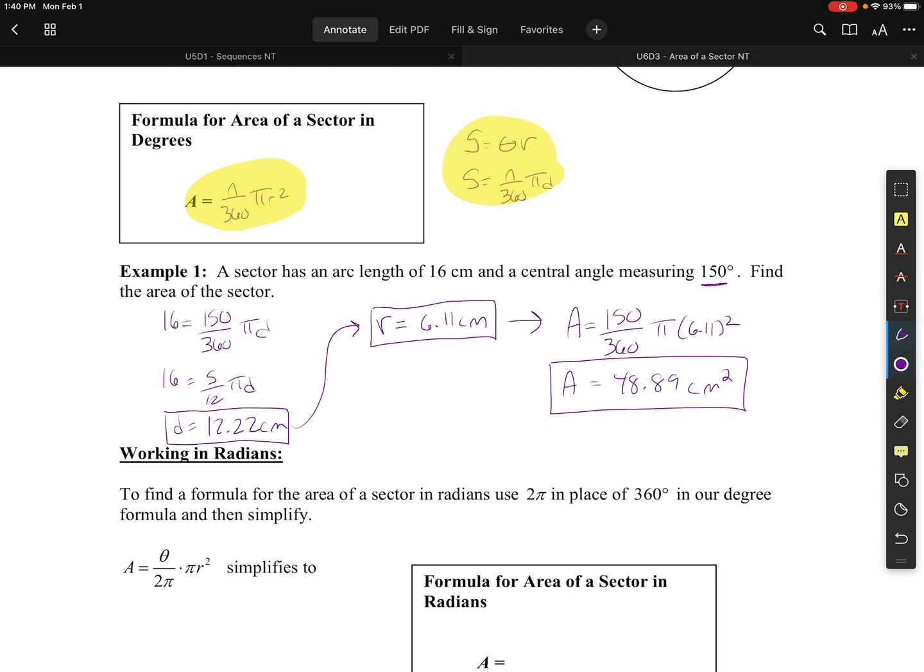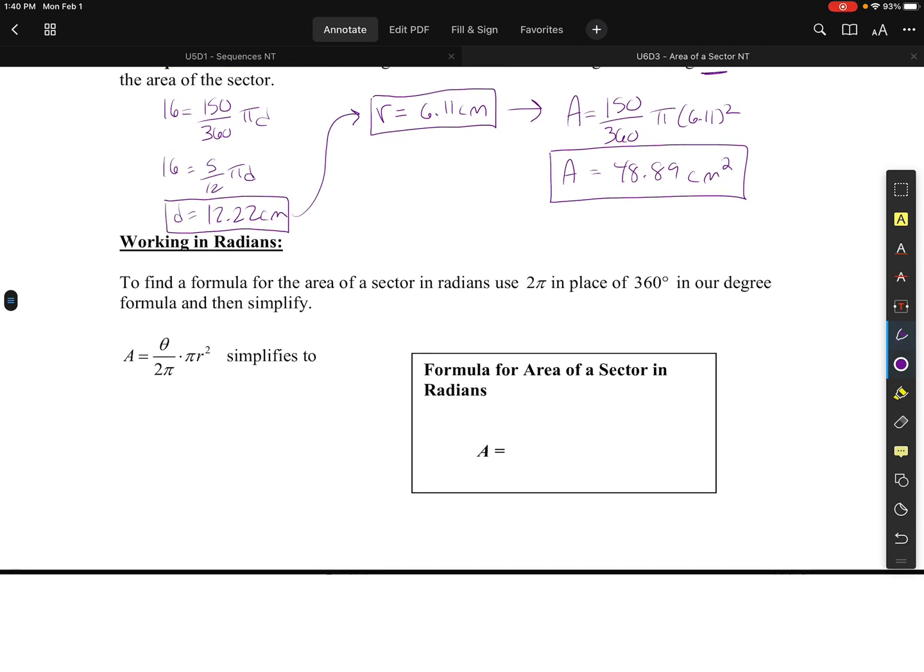Alright, so now, our other formula. If I took my formula and modified it, instead of having 360, I have 2 pi. Instead of n, we go with theta. So if I do a little simplifying here, I cancel out my pi's. That gives me theta over 2 times r squared.